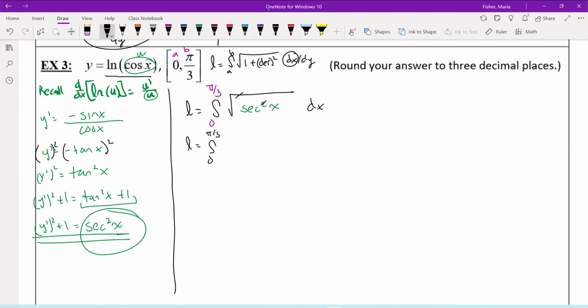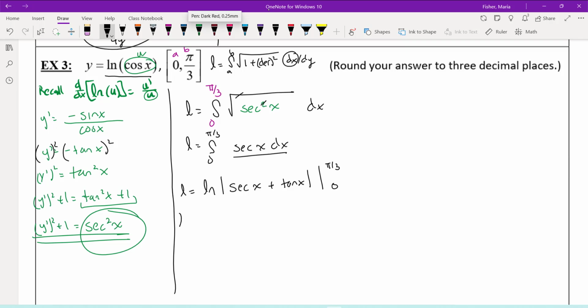Therefore, we end up with the integral from 0 to pi over 3 of the secant of x dx. Well, this is basic form. That integrates as the natural log of the absolute value of the secant of x plus the tangent of x, and this gets evaluated from 0 to pi over 3.